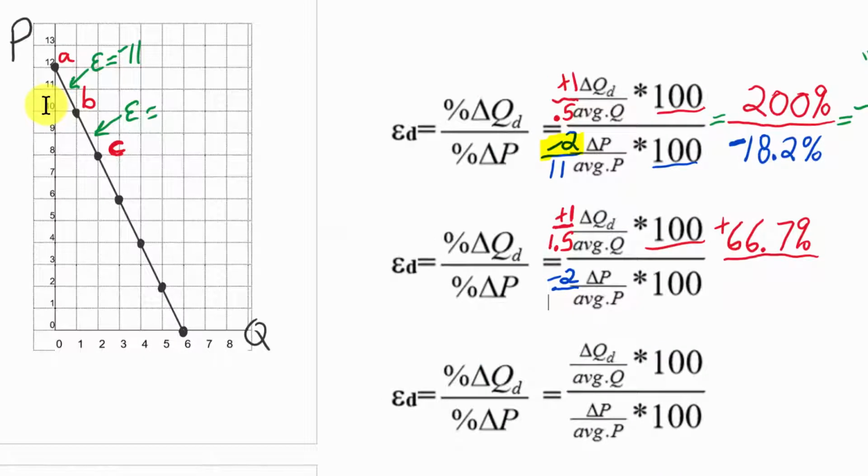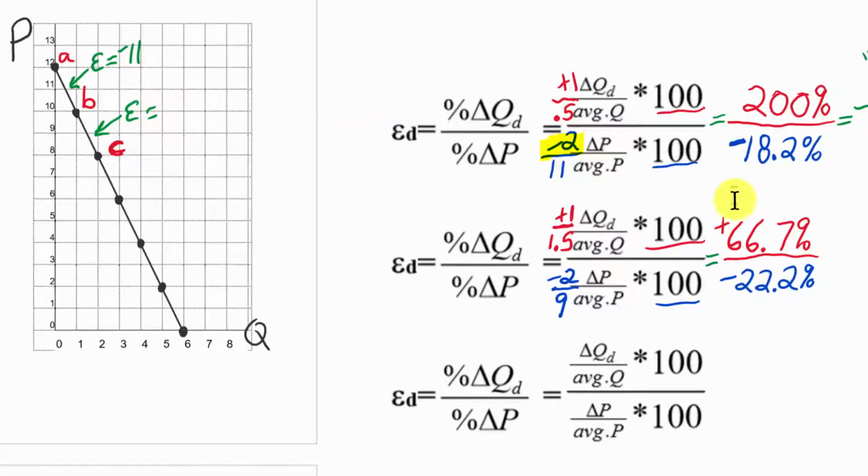What's the average price between 10 and 8? What's the midpoint? We can see it here on the graph. It's 9. So 9. Multiply that times 100. 2 divided by 9 times 100 gives us a decrease of 22.2%. So minus 22.2222 running percent.